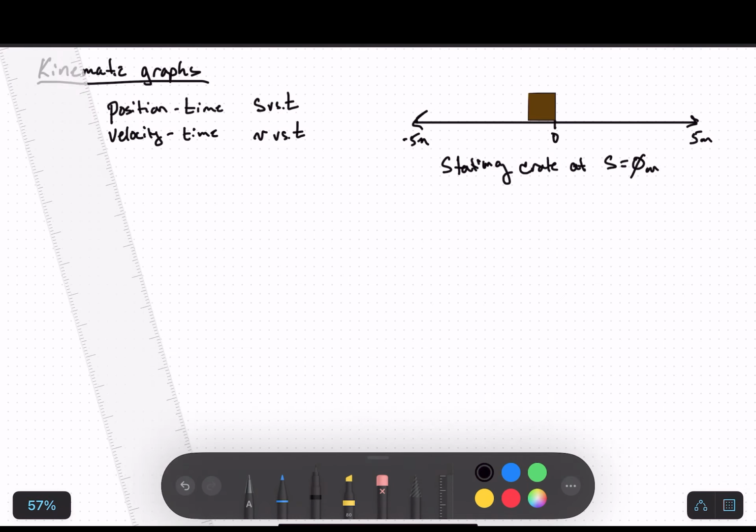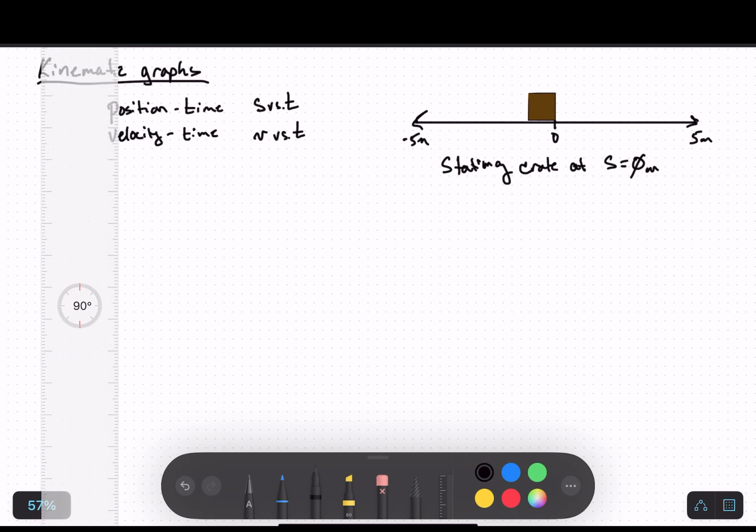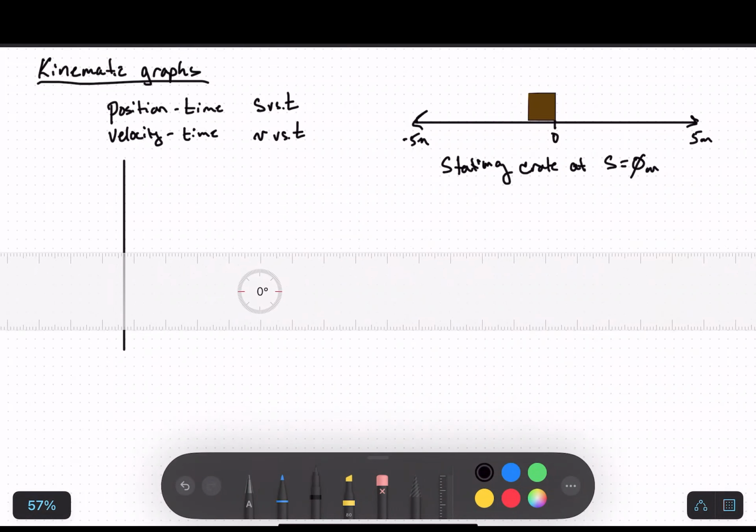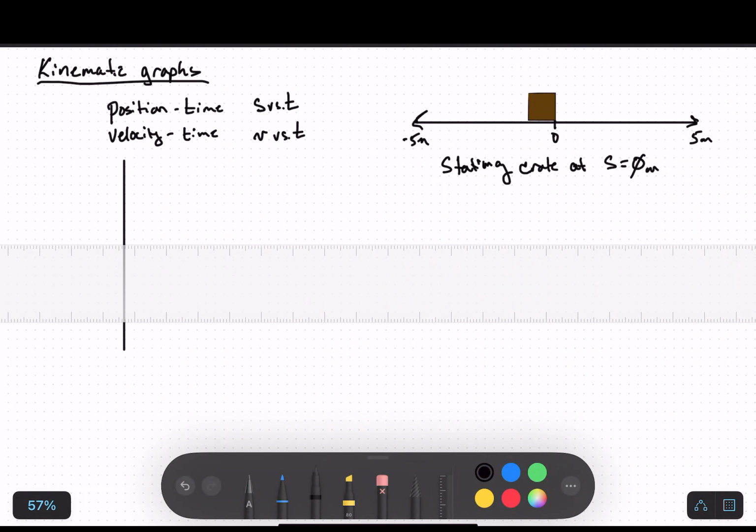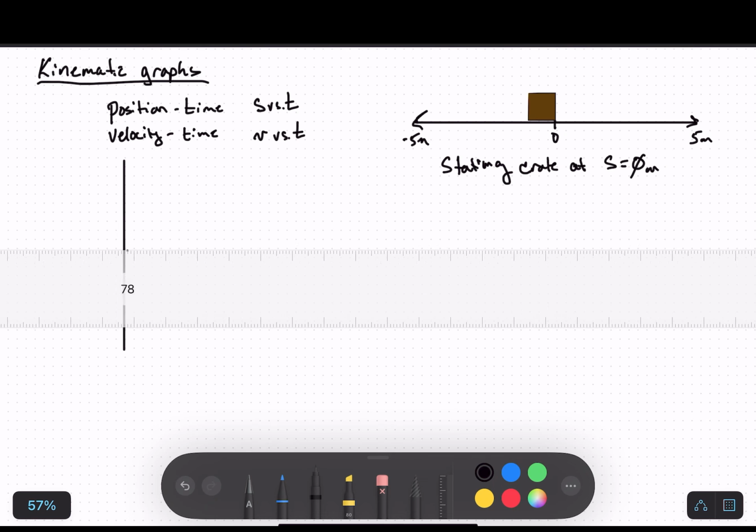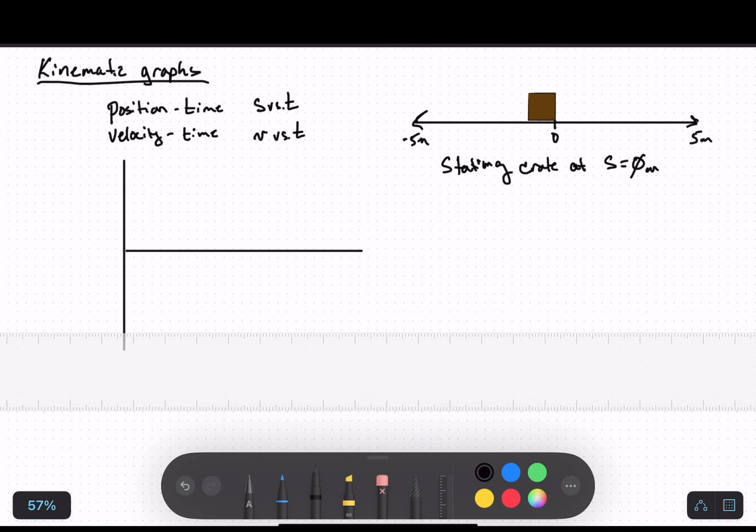So we're going to create a graph of this, and we're going to start with the obvious cases, and then we're going to get into the more complicated ones. Okay, so there's our graph.